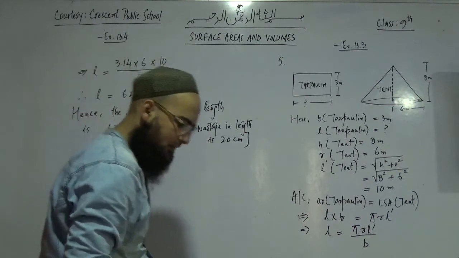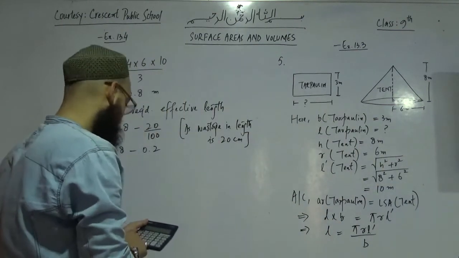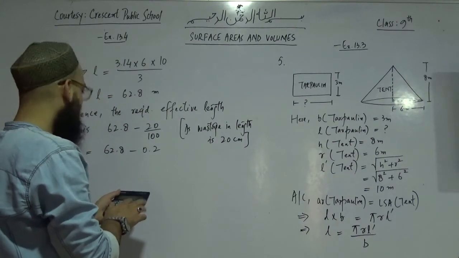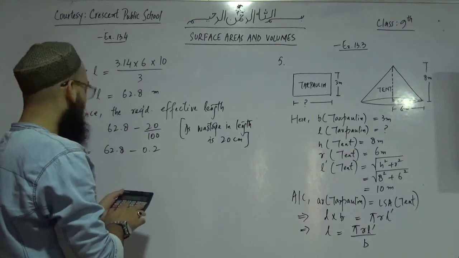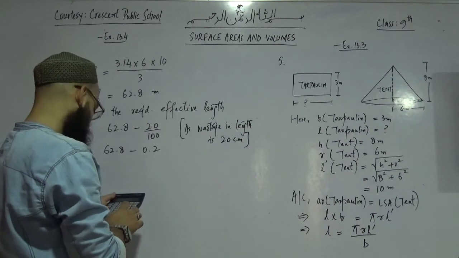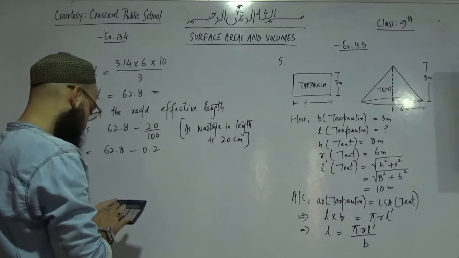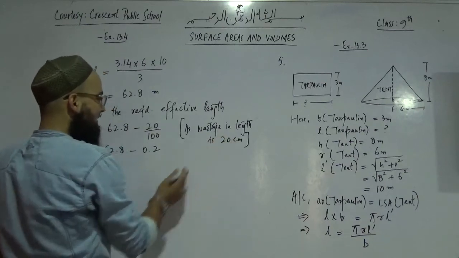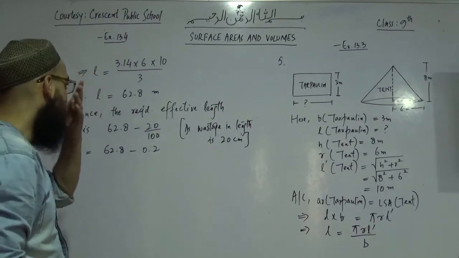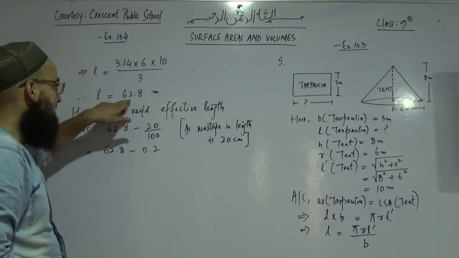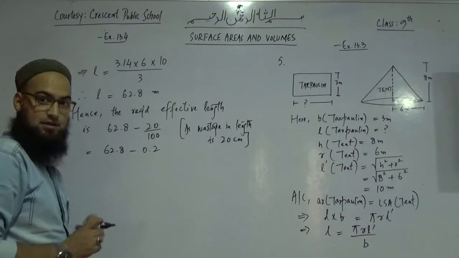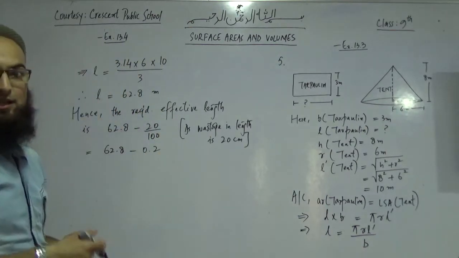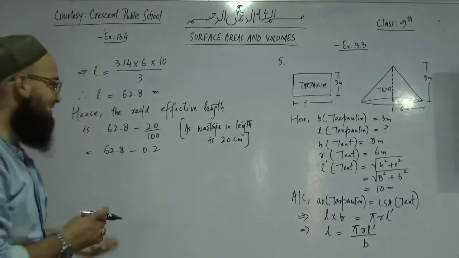62.8 is my length, 3.14 times 6 times 10 divided by 3. I need to add the wastage, 62.8 plus 0.2. Wastage in length is 20 centimeter. Now our length is 62.8 meter. Now there is some wastage. What was the actual length? Wastage plus our length.